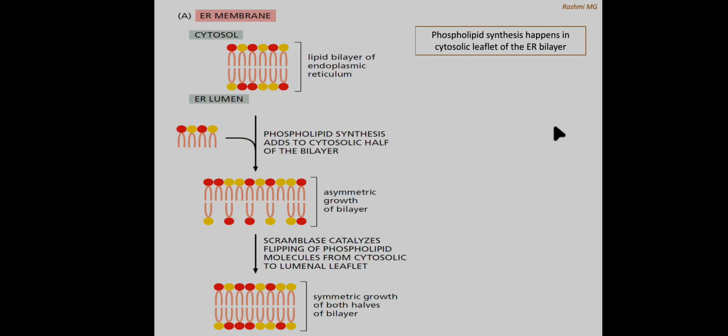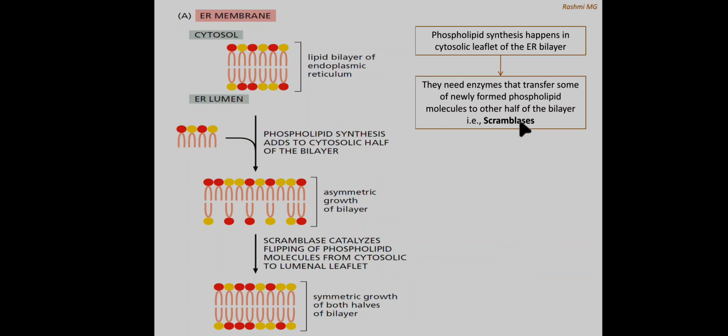So the membrane lipid is first synthesized in the cytosol, and then this phospholipid will be transferred inside the bilayer, to the inner leaflet of the bilayer. So what helps to transfer this phospholipid inside? That is scramblase.